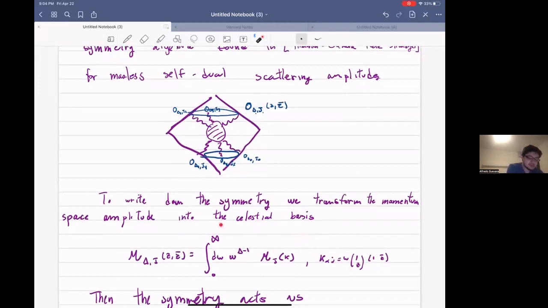The map from the usual amplitude to the conformal correlation function is given by this Mellin transform. The insertion of the operator at the celestial sphere is given by this parametrization, z and z bar being the coordinates. Once we do that change of basis, what we gain almost for free is new symmetries.